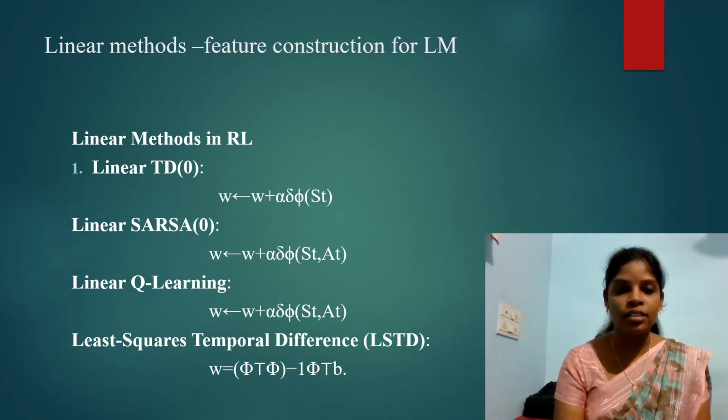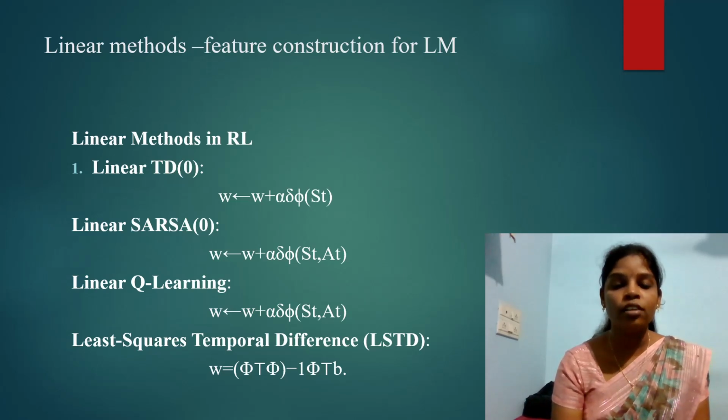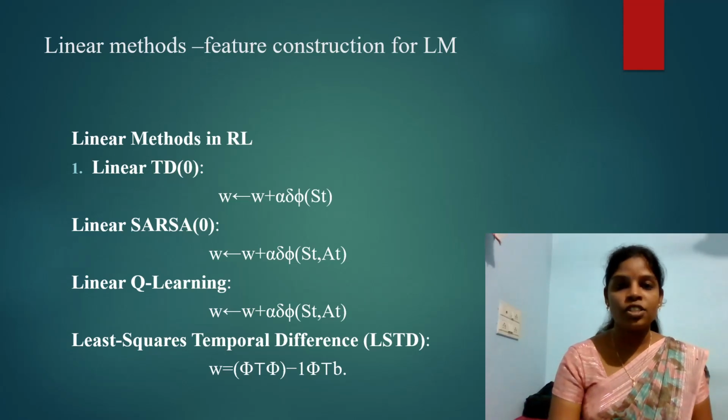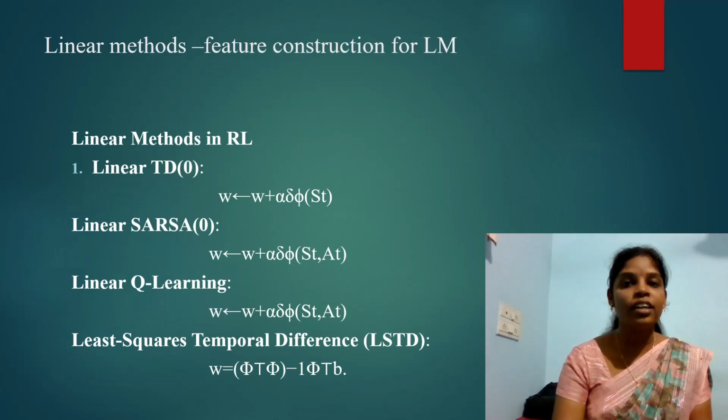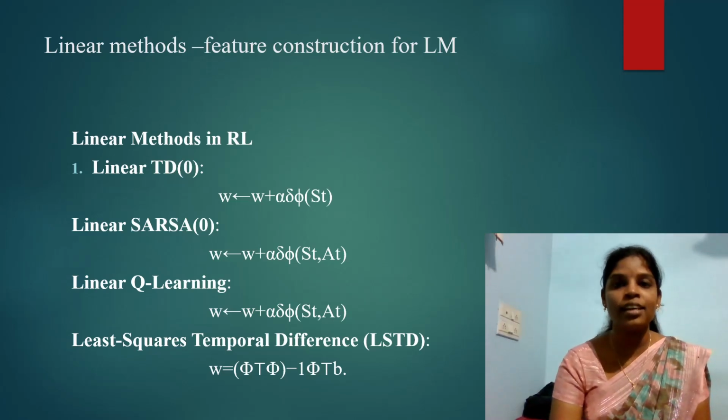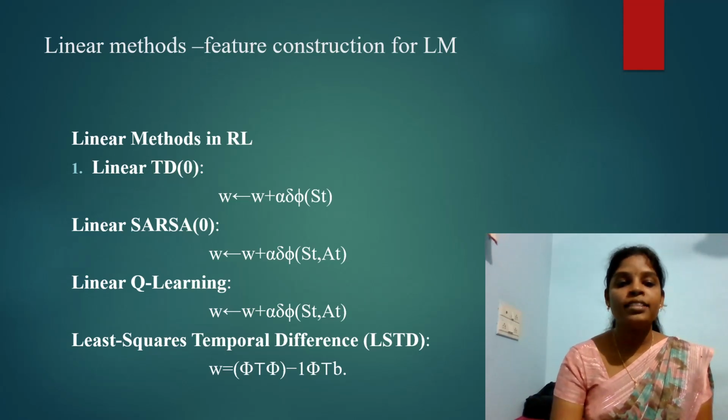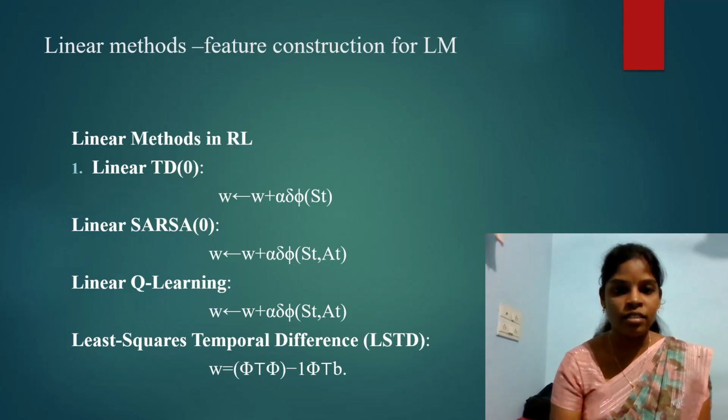SARSA: W is updated to W plus alpha delta times the gradient at S_t, A_t. So it involves state, action, reward, state, action, and the process is implemented with the temporal difference error.